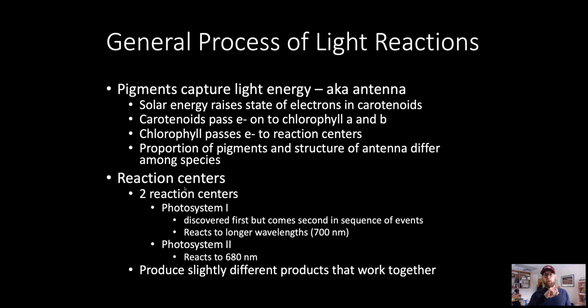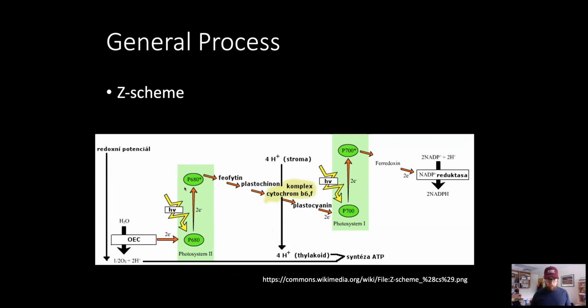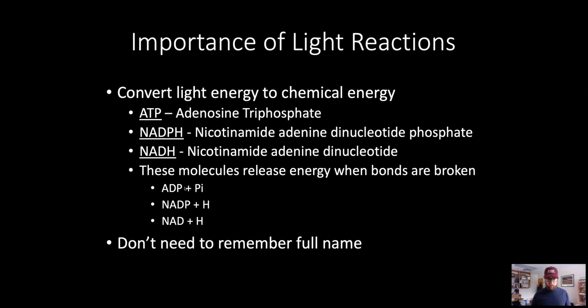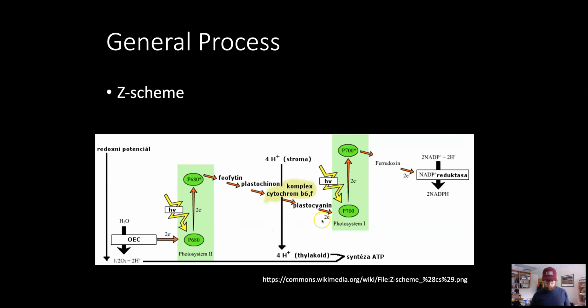And because we're doing electron transport and we're losing energy, remember that shorter wavelengths have more energy, so that's why photosystem 2 comes first. And then as it loses some energy and passes that energy off to other molecules, it can be used at 700 nanometers by photosystem 1. Again, these reaction centers produce slightly different products. So we'll talk about them here.